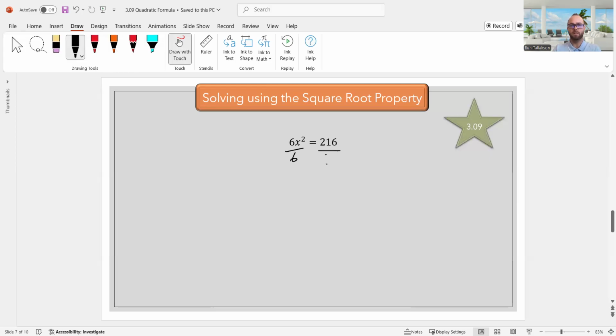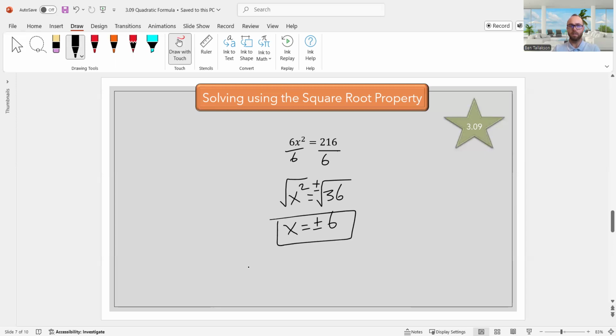Easiest way, I always tell you, start doing the easiest thing first. If you divide both sides by 6, I believe this is 36. Let me double check. Yes, it is. Now we take the square root because we want x by itself, and don't forget the plus and minus. So you get x is plus and minus 6.